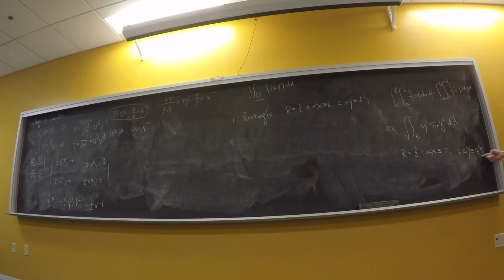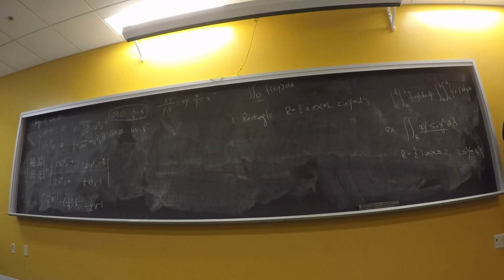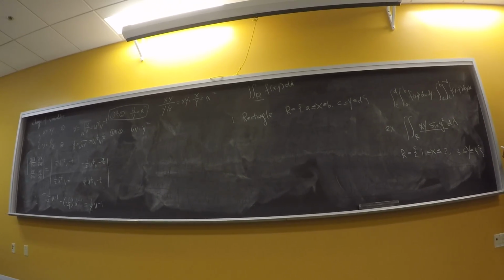Okay? So if I look at this integrating region, I immediately know this is a rectangle, so I can do either one of these two integrating orders. Am I right? You can do either one of them. But you have to decide which one is easier. Which means in this integrand, I want to regard one as constant and the other one as the variable to find the antiderivative. All right?